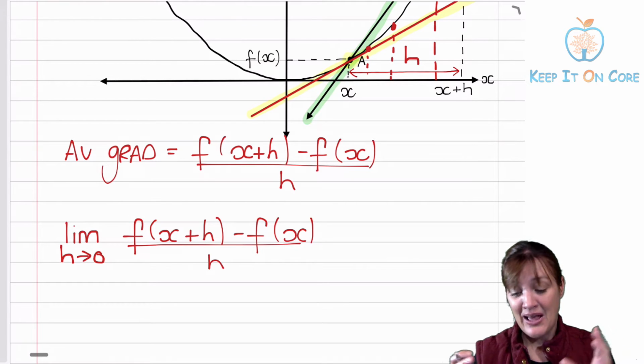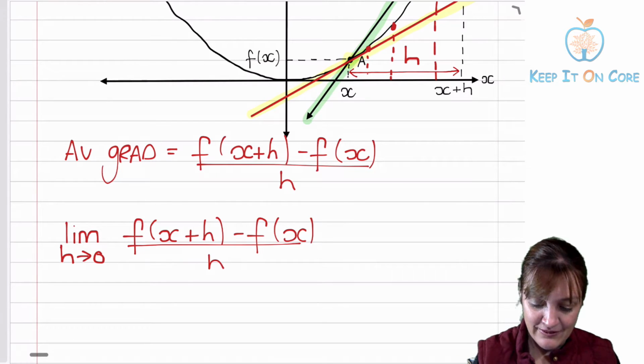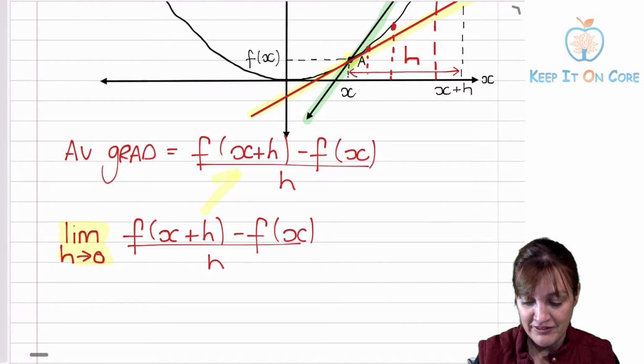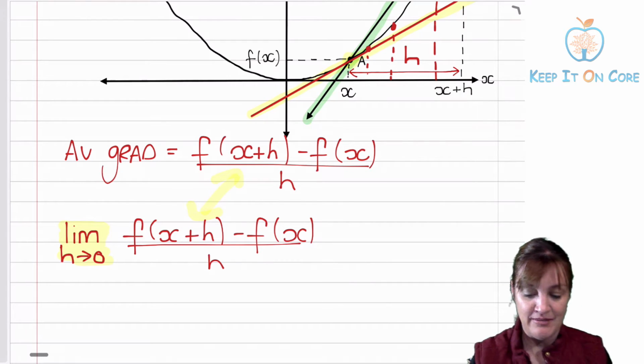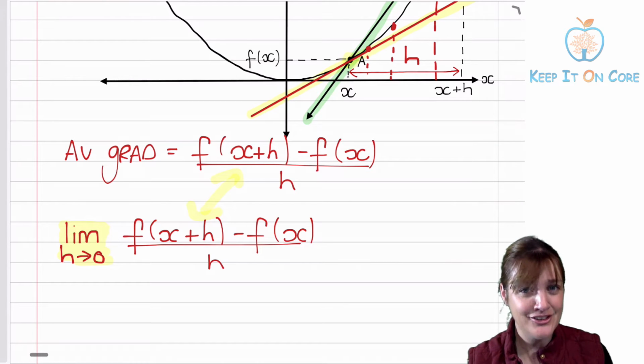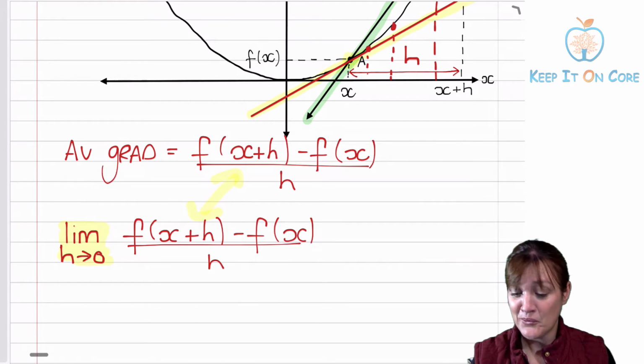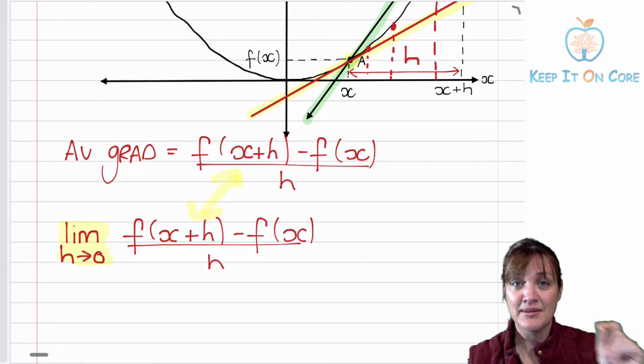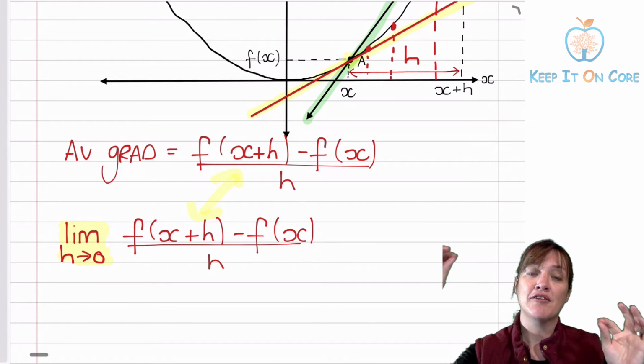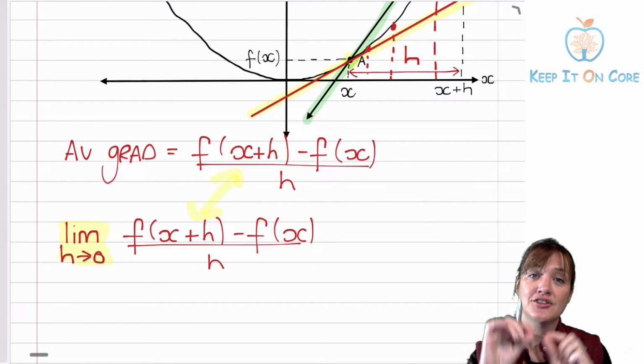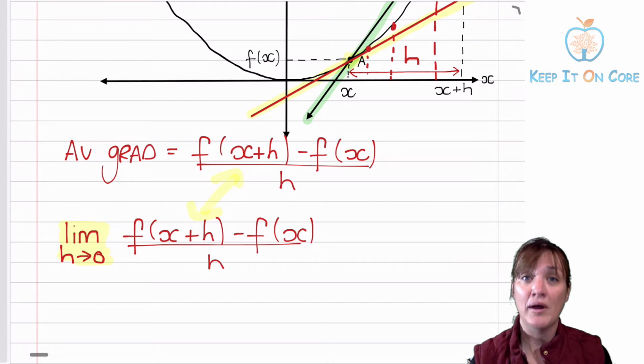All right. Now this limit is a very important concept here, because essentially it's the only difference between our average gradient and my gradient of a tangent, okay? But it's a very important one, because by adding in that limit as h tends towards 0, we've gone from having two separate points to now working with the gradient at 1 point.